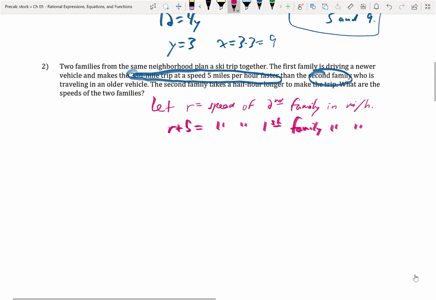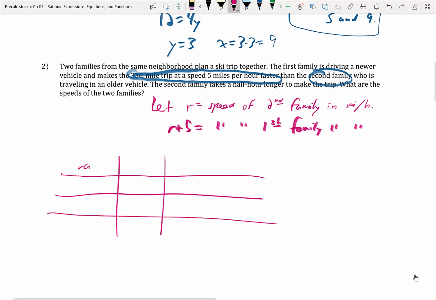So now we're going to build a rate time distance table with this because that's just an easy way to visualize what's happening. So my rate as the first family, we have r and r plus 5. The distance is 330 for both. And the time, I don't know the times. I know that the second one is a half hour longer.